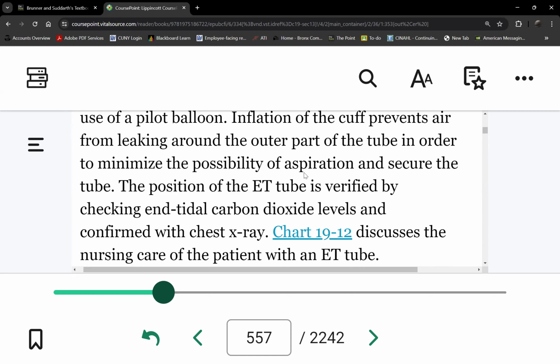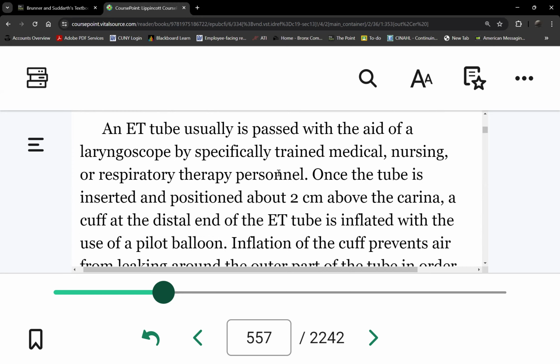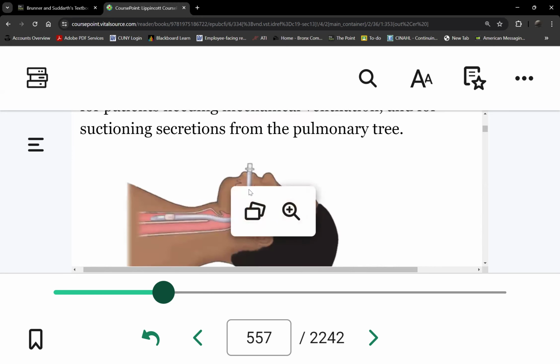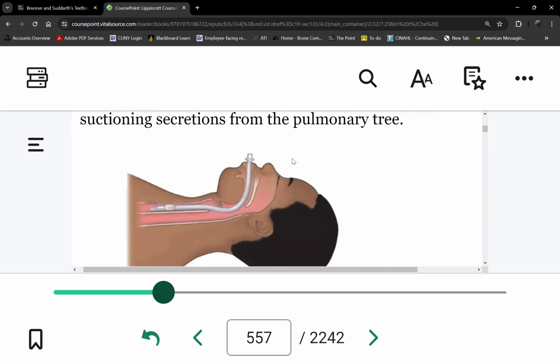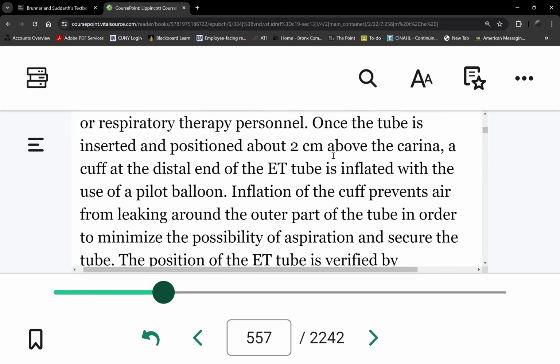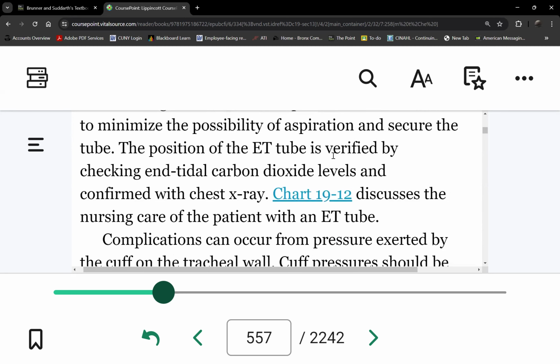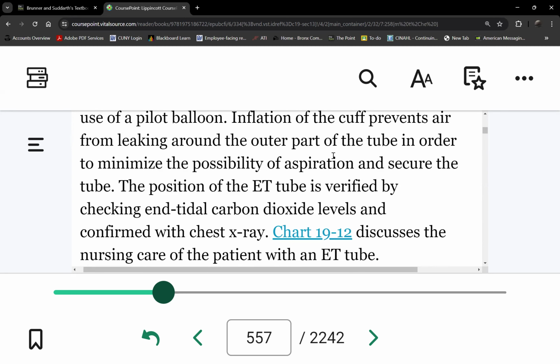So if that's the case, you'll be given instructions by the radiologist, okay, pull it up, because there are numbers on the ET tube. They'll give you instructions on, okay, pull it up to, let's say, number 55, to make sure it's in the right place. Otherwise, you can also tell through lung sounds, okay? But there's really no replacement for the x-ray.